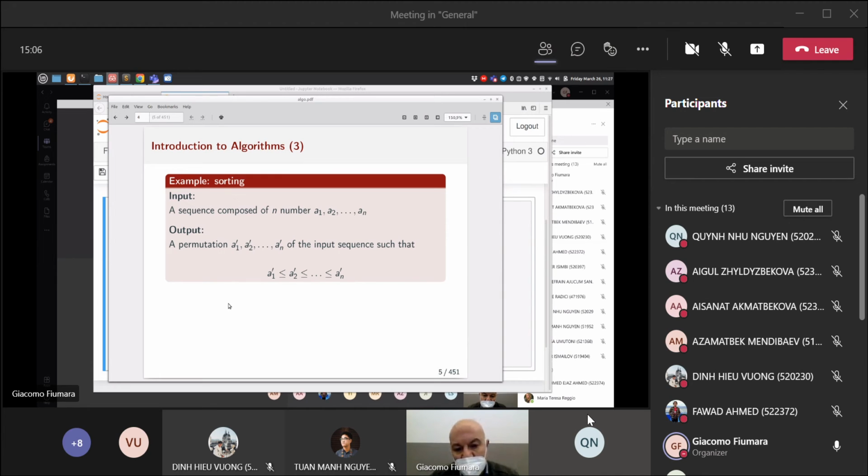Among all possible permutations of n numbers, which are n factorial, the first number may be placed in any of the n initially empty places. The second number may be placed in any of the n minus 1 available places.